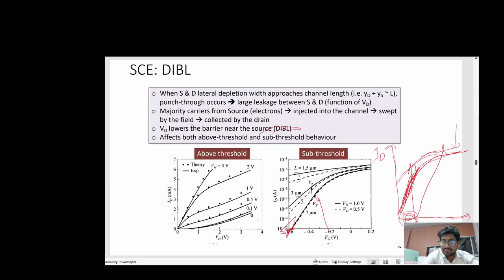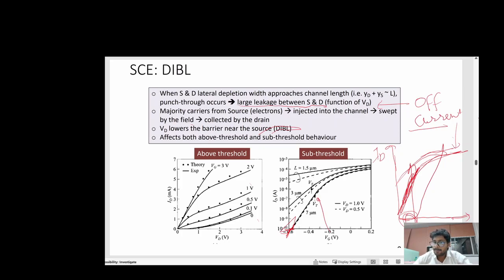One is the turn off current. We say this is the large leakage between source and drain, or also we can say it is the off current. When the transistor is off, and you haven't applied any voltage to the gate, that is the off current.